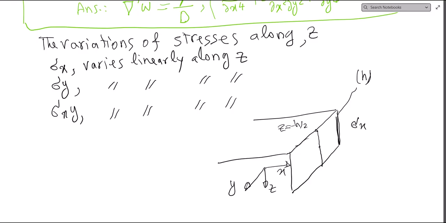And here z is h over 2. So here it has some value, at z equal to 0 it should be 0, and then it will be varying linearly along the z. If I want to sketch it, it becomes like this, perpendicular to the surface.